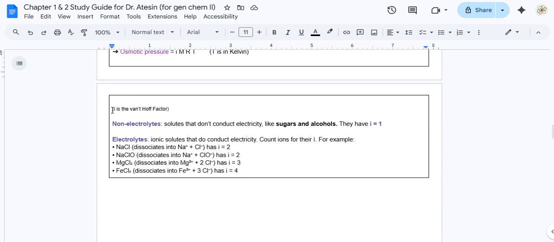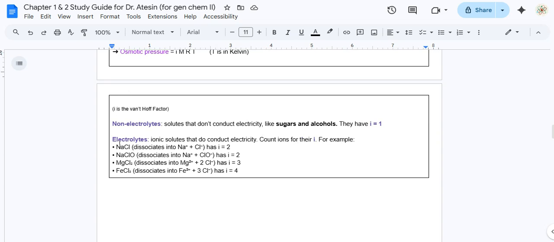i is called the Van't Hoff factor. For non-electrolytes like sugars and alcohols, they have an i of 1. For other compounds that aren't sugars and alcohols, which are called electrolytes, we need to count ions for the i.